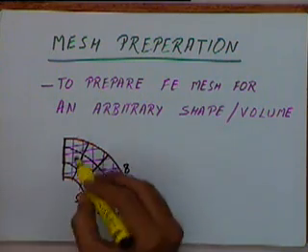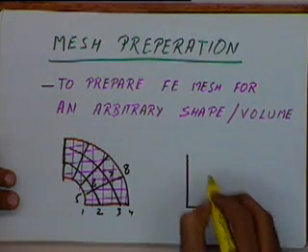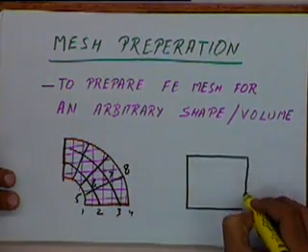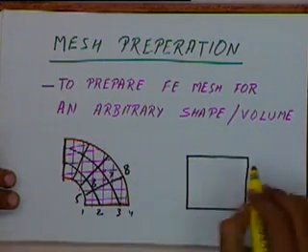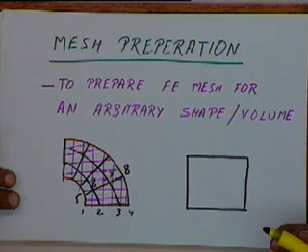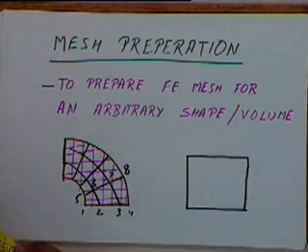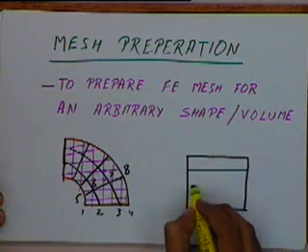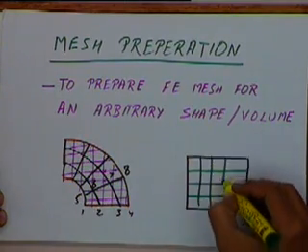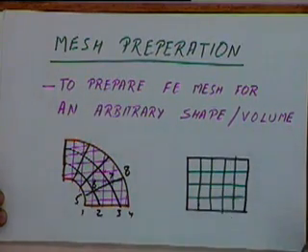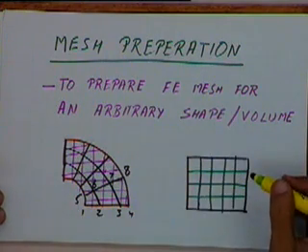If we just have a simple rectangular object, that means it's an object like this, then generating a mesh is a straightforward thing. All that I have to do is take a rectangular array of blocks. If I take a rectangular array, I will get an array something like this, and for this array I can generate my node numbers and so on.